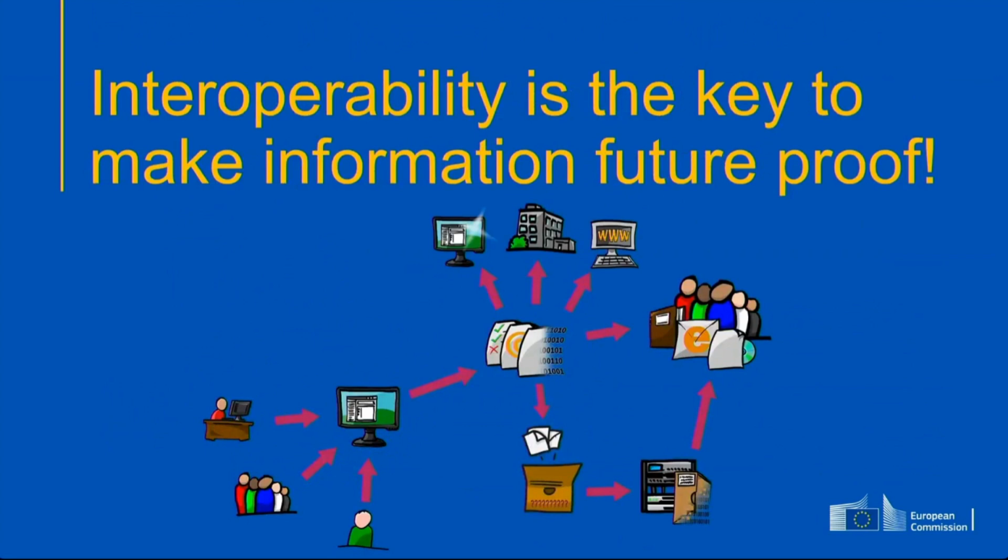We need to think about how we structure things, because if we can do it in a common way, everybody can understand the information. This one is showing, in a simplified way, down bottom left, a citizen or someone working at the municipality, at an agency, at whatever, entering information that ends up in your business system.